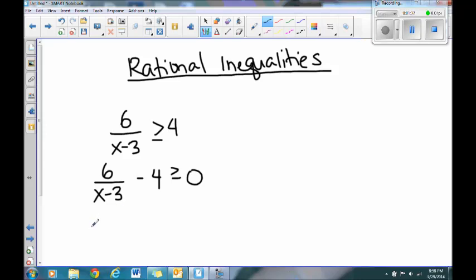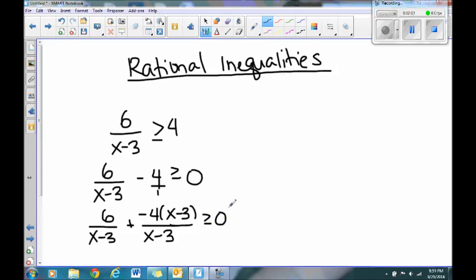The next thing then is that we're going to get to find a common denominator between the two fractions, which, since 4 is just 4 over 1, my common denominator is going to be x minus 3. And 6 gets to stay a 6. That negative 4 gets multiplied by x minus 3 over here.